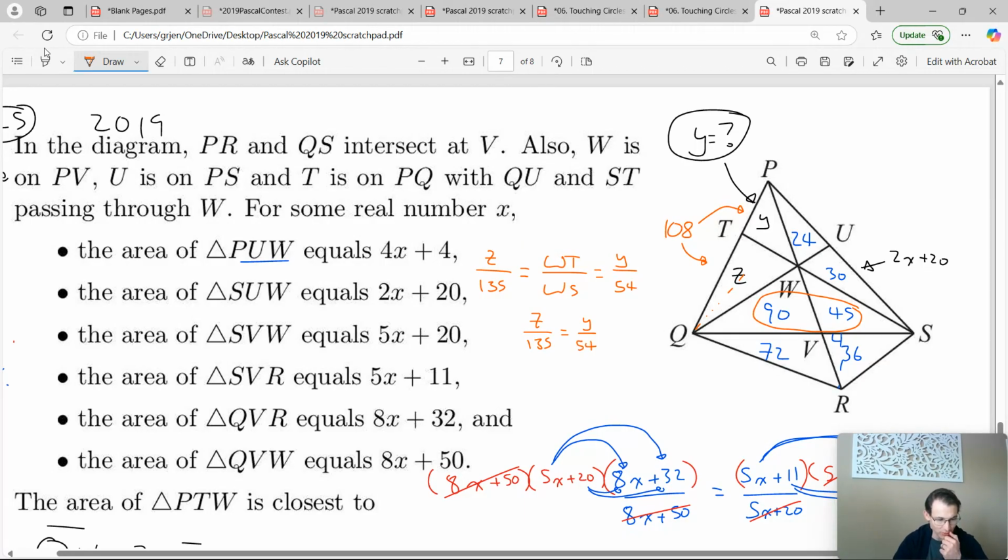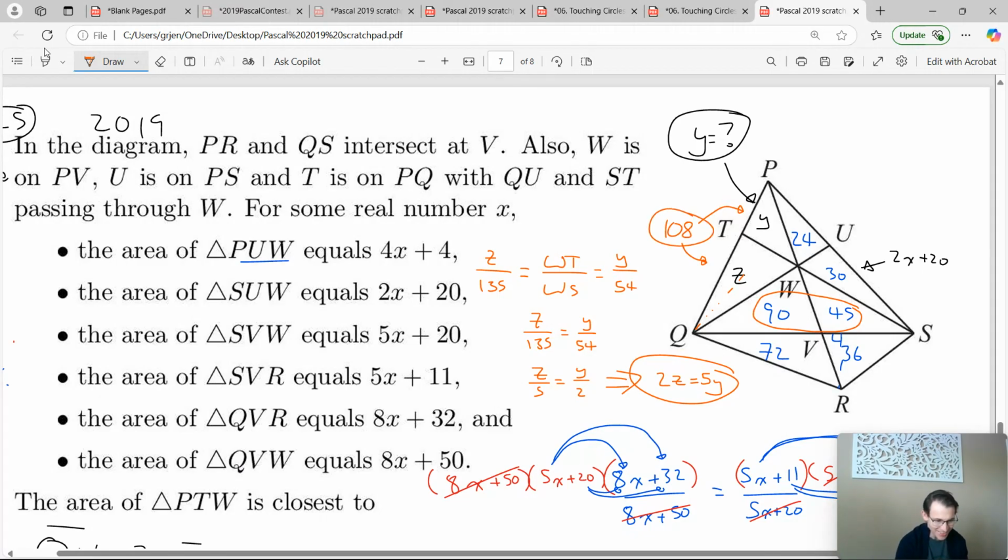Now if we cross multiply those, let's multiply both sides by 27. Both those things have factor 27 in them. So then we get Z on 5 equals Y on 2. Or in other words, just working horizontally here, 2Z equals 5Y. There's the ratio between Z and Y. That's how they divide up the area 108.